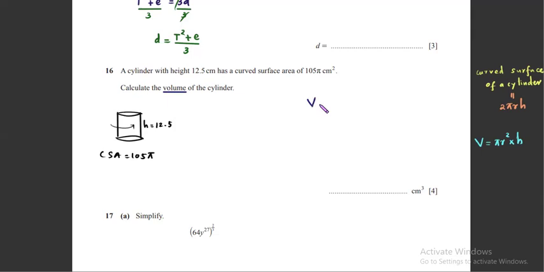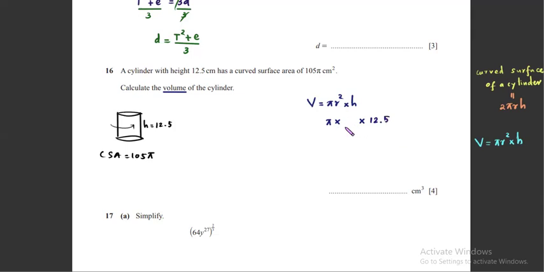If we are to calculate the volume of a cylinder, it's the area of the cross section times the height, which is pi r squared times height. So in this case, you will multiply pi with the radius, but the radius is not known to us. We need to find the radius. And then the next step is to multiply the answer that we get there with the height, which is 12.5.